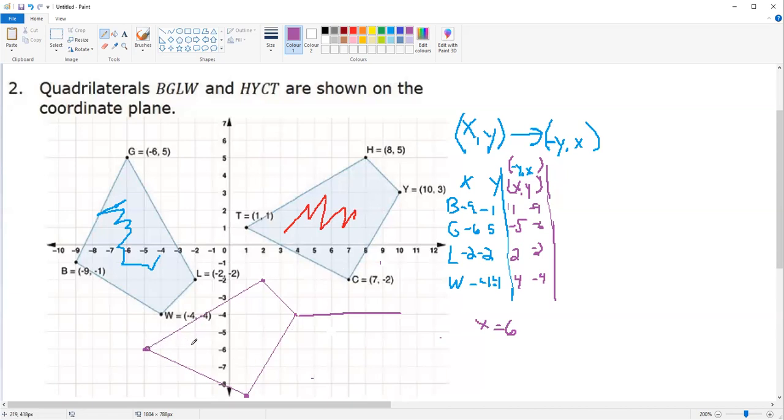I bet this one's over too far. No, that's there, right? Okay. 1, 2, 3, 4, 5, 6, 7. I bet x is supposed to be delta 6. X equals delta 6. But I plotted something wrong.